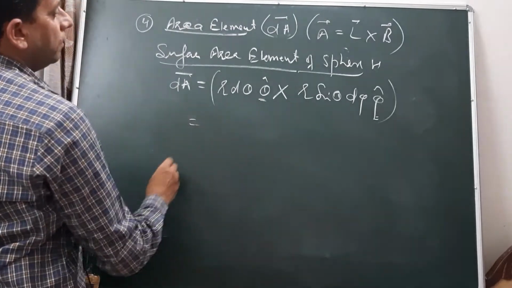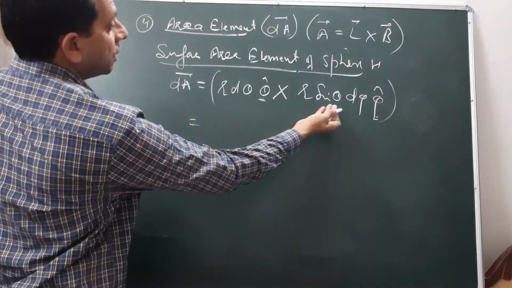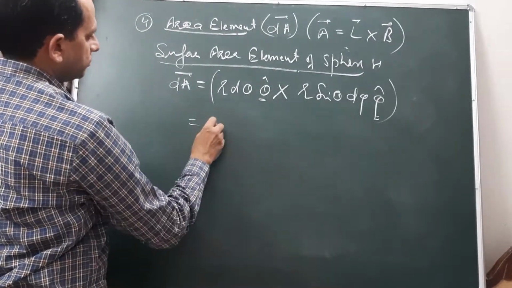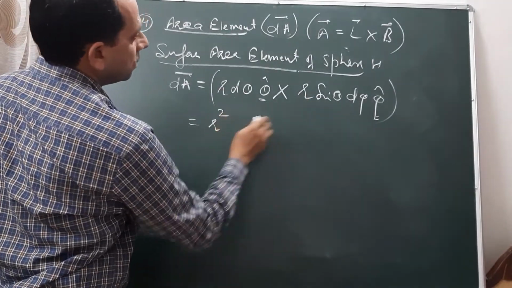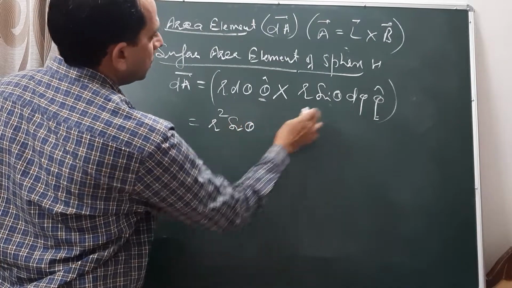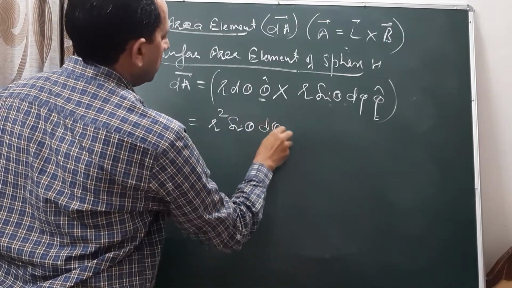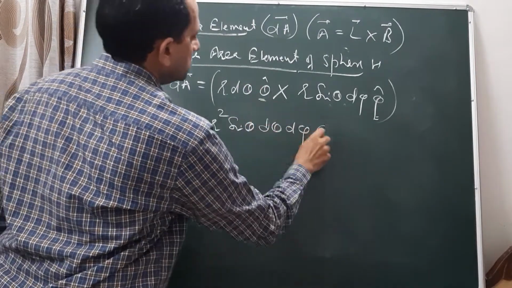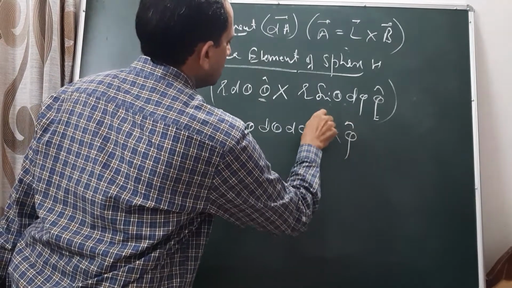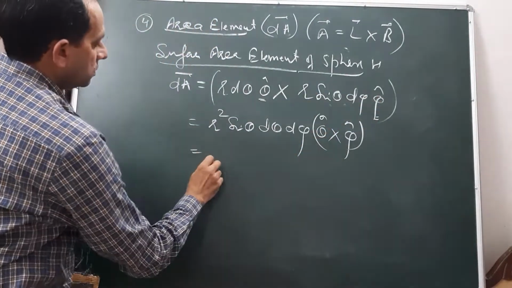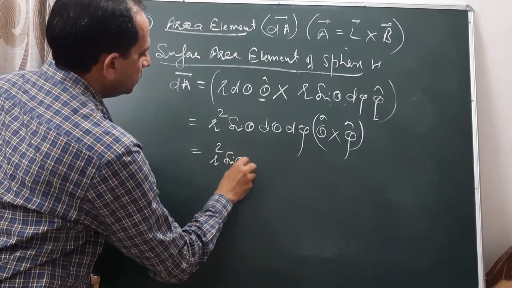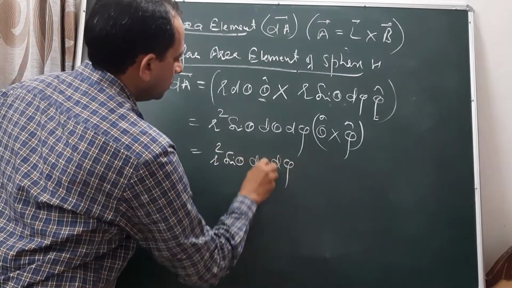So, taking the magnitudes or constants on one side, that is r into r sin theta into d theta d phi, and theta cap cross phi cap, this one cross multiply, or r square sin theta d theta d phi.